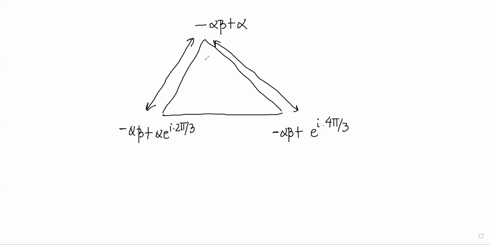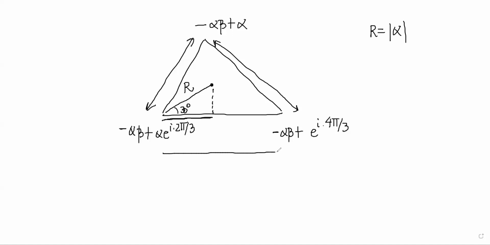Now, if I want to find the perimeter of this triangle, I need to know one side. So I know that the radius of the circumcircle is r, and that r is equal to mod of alpha. And since circumcenter and centroid are the same point for an equilateral triangle, this angle is 30 degrees. And I can say that r cos 30 degrees is this much.